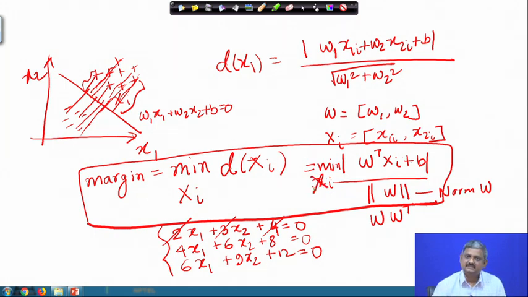For every point there will be some value, x1 will have some value, x2 will have some value, one of them will be the smallest. So, I multiply w and b by a constant such that this smallest value turns out to be 1.